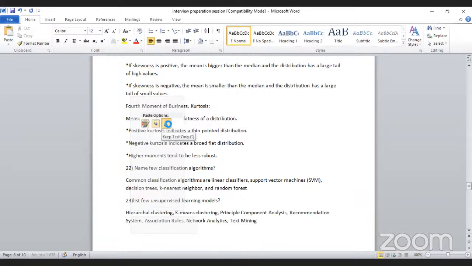Okay, so we have clustering models, hierarchical clustering and k-means clustering. We have PCA, principal component analysis, recommendation system, association rules, network analytics, and text mining, right? So these are different unsupervised learning models. Yes, Divya, yes. NLP.